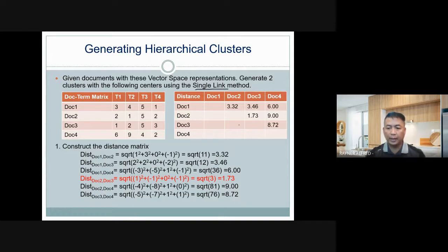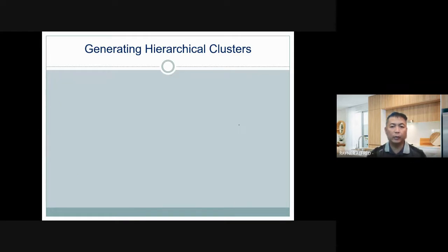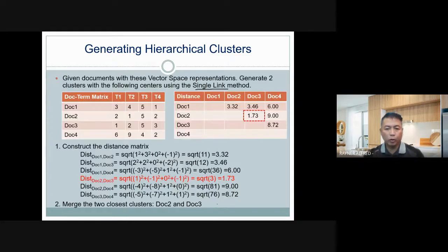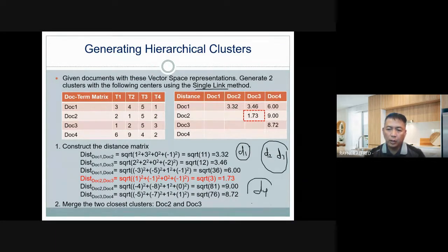So we take that one and we combine. Okay. So now, since we combine document 2 and 3, that means we basically have document 1 here, one cluster, and we have document 2 and document 3 as one cluster, and document 4 as one cluster.